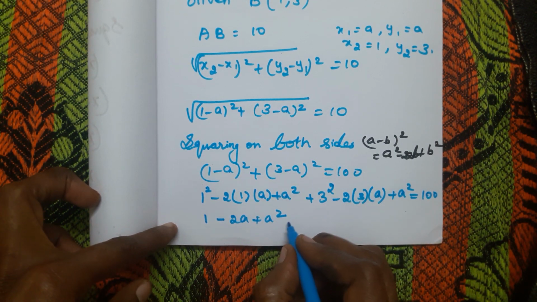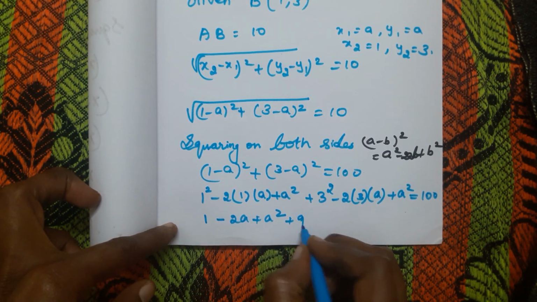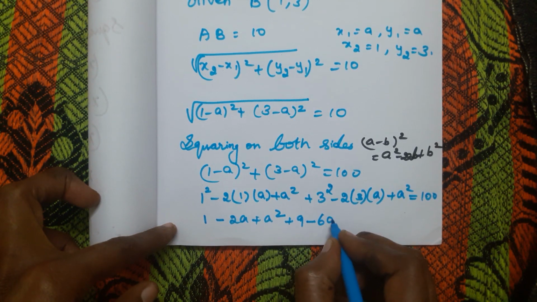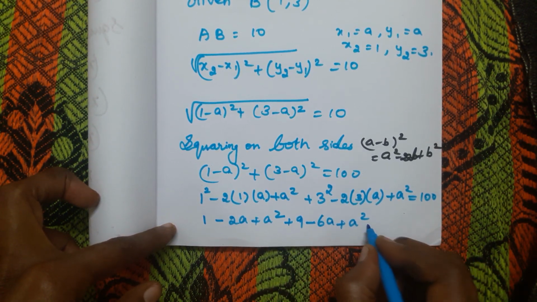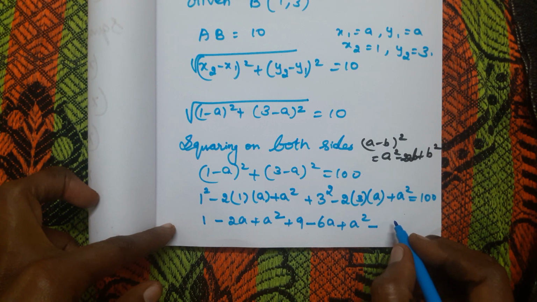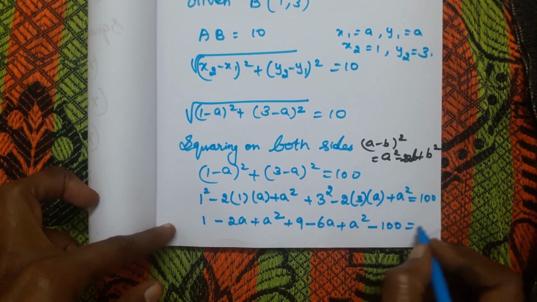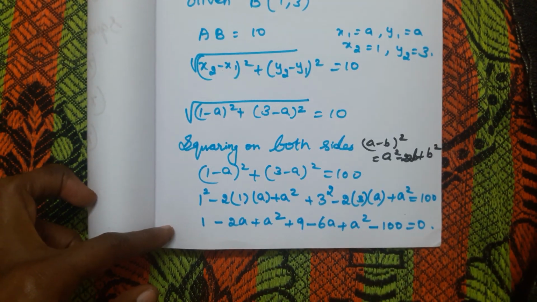Next 3 square is 9, 2 threes are 6, minus 6A plus A square. Minus this 100, I am also taking this side, 100 is equal to 0.